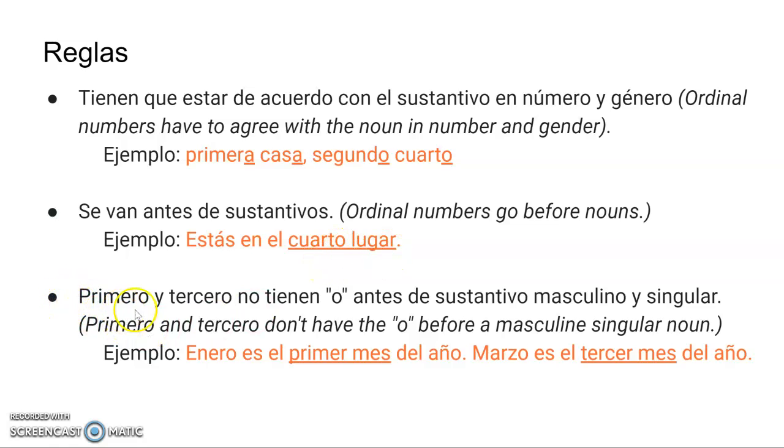Punto 3. Primero y tercero no tienen O antes de sustantivo masculino y singular. So this is one that oftentimes students forget. Por favor, presta atención. Please pay attention to this rule. Primero and tercero don't have the O before a masculine singular noun.